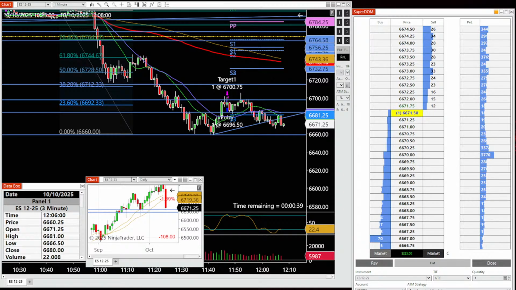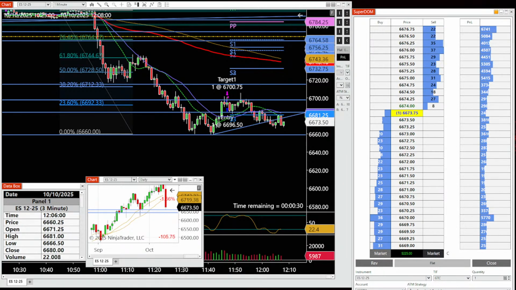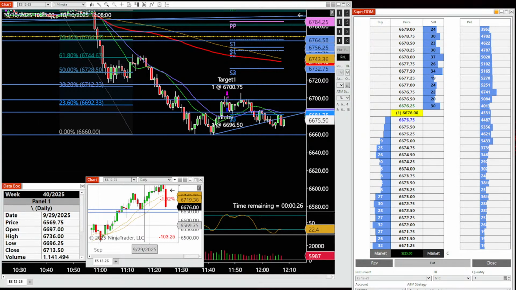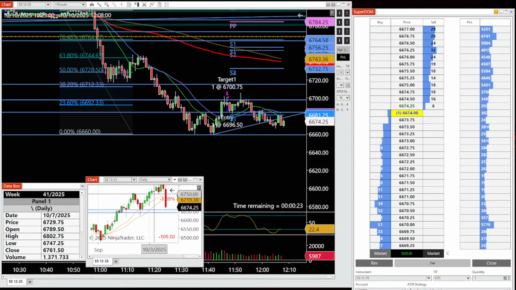71 to 81. Is this what we doing? 71 to 81. This 4-hour bar, this daily chart might be getting ready for a nice head and shoulders.